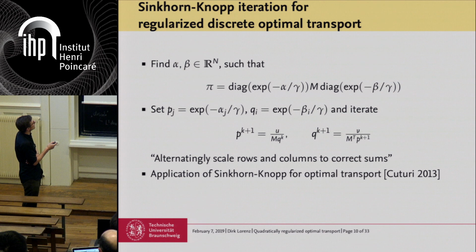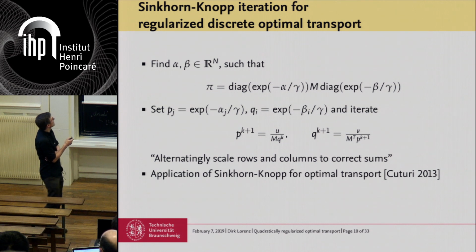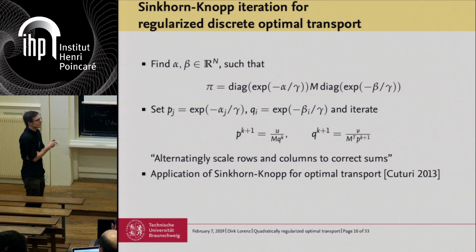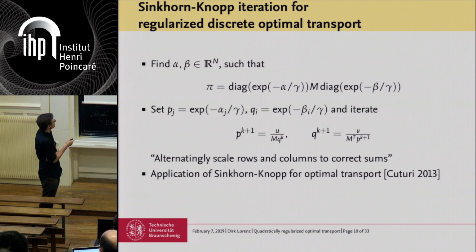First you replace e to the minus beta over gamma by some vector q, and e to the minus alpha over gamma by some p. Then if you're given p, you can solve for q, and if you're given q, you can solve for p such that the marginals are fulfilled. You have some q, you multiply M by q, and divide the marginal u by this.